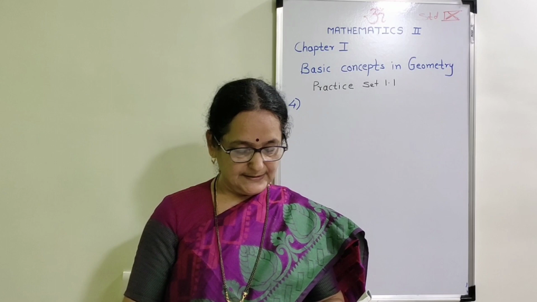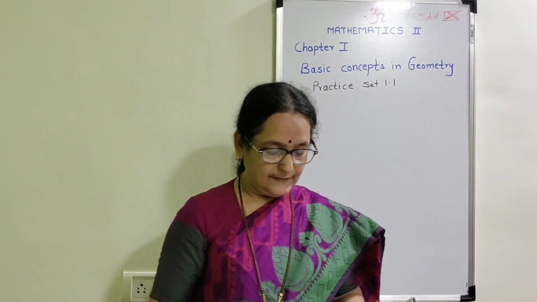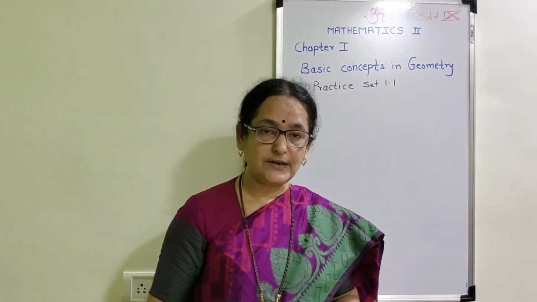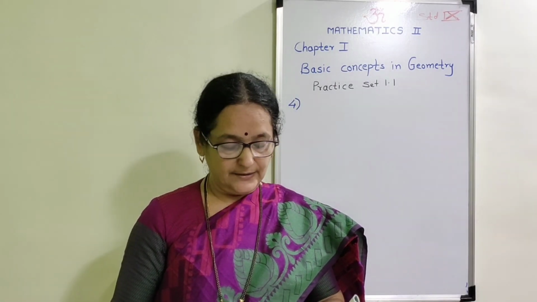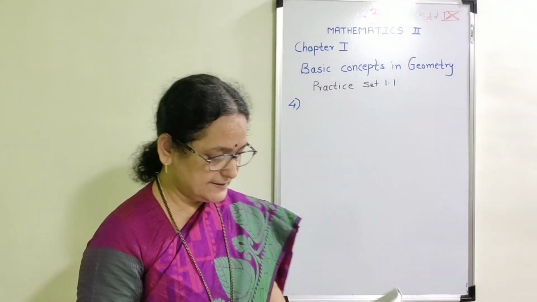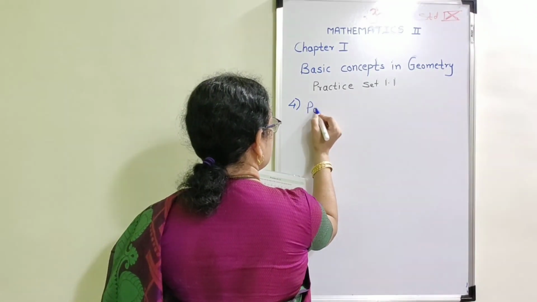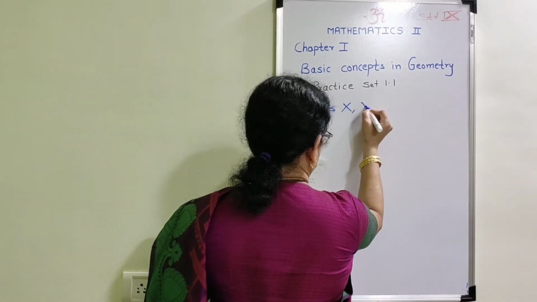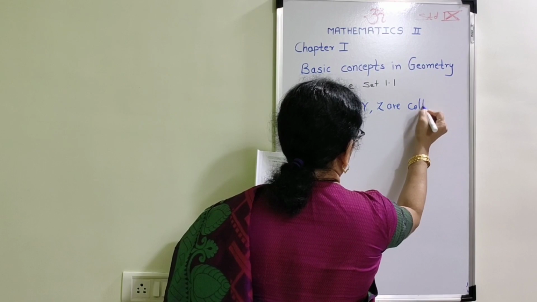Find distance XZ. Here also they have not mentioned that we should consider all possibilities, but here also we are going to consider the possibilities which we are going to discuss. Now write down the given things. Points X, Y, Z are collinear.